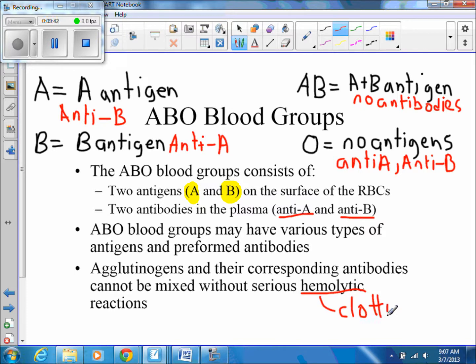So what will happen is the antibodies will stick to the red blood cells, and then when it sticks to the red blood cells, it will cause them to clump together, and the blood will not flow very well. It may clog some of your blood vessels, and it can be a fatal reaction.